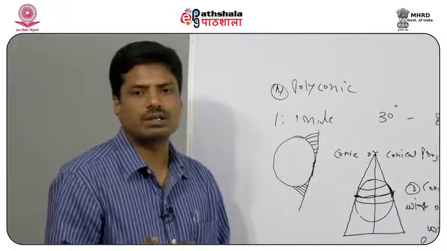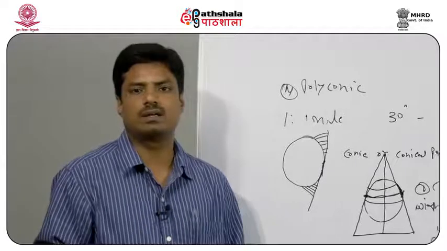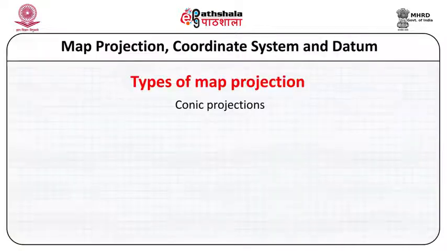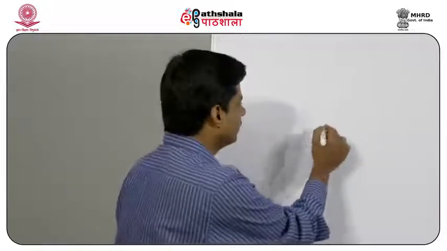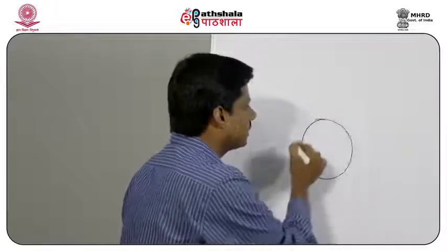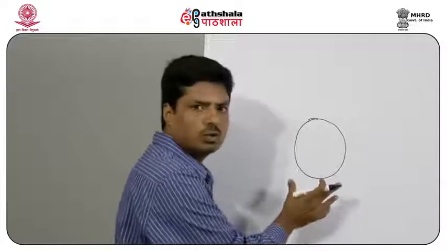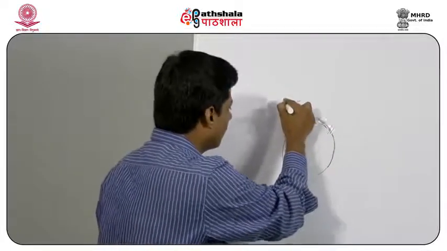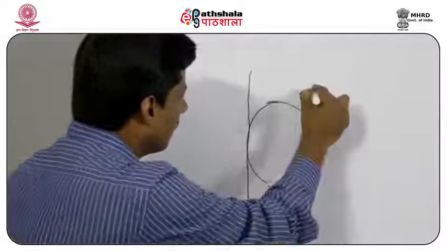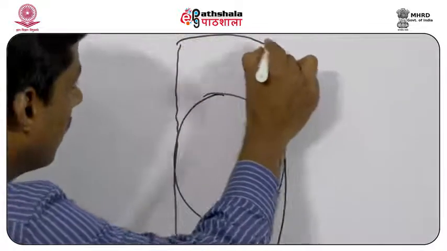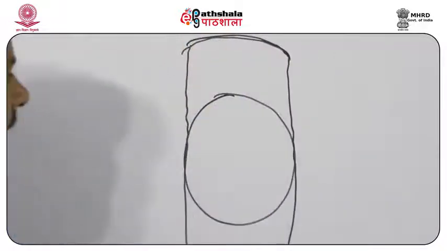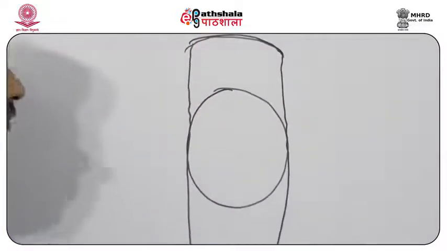The next important projection in this category is cylindrical projection. Dear friends, I will explain cylindrical projection with the help of a diagram. Look at the diagram. Dear students, suppose this is the globe, and we place a cylinder over this globe.